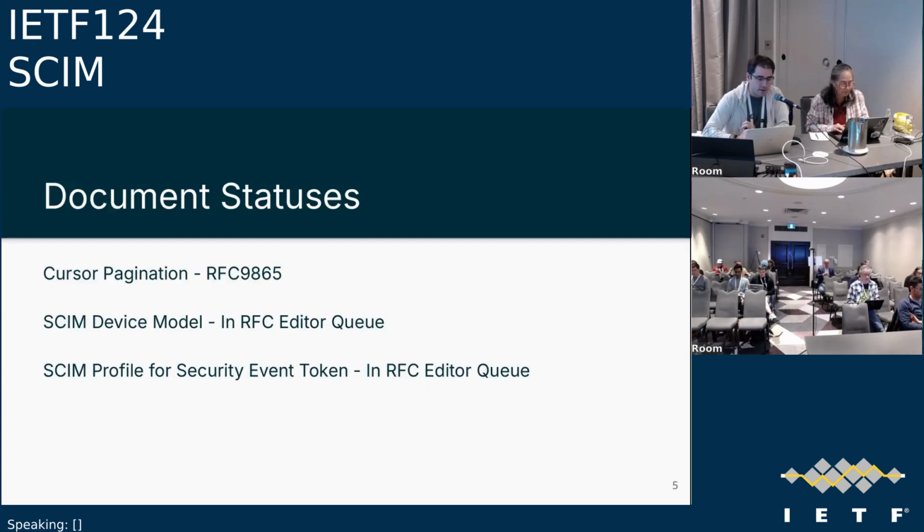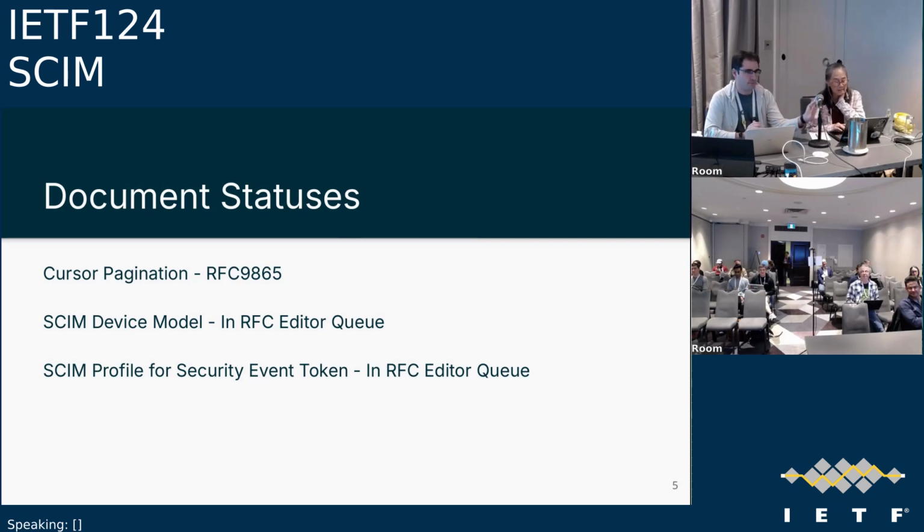Quick update on the document statuses that have been in progress. Cursor pagination is now RFC 9865. We're done. And then there are two more in the RFC editor queue right now: the SCIM device model and the SCIM profile for security event tokens. So there's been a lot of activity.